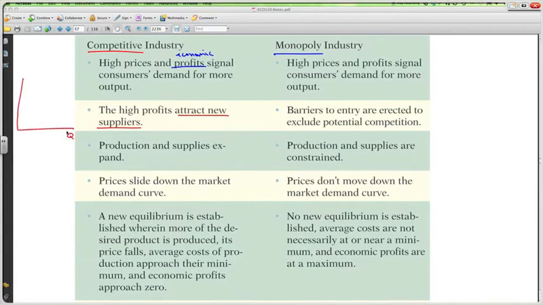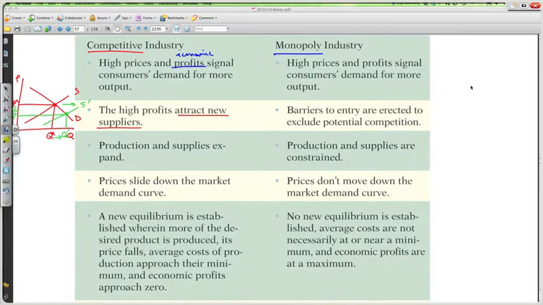You can see that here, where if we have supply and demand, here's our equilibrium. We get an equilibrium price, equilibrium quantity. If we get new suppliers coming in, that gives us an increase in supply. So now it also gives us a new equilibrium, where we now have lower prices and increased quantity.